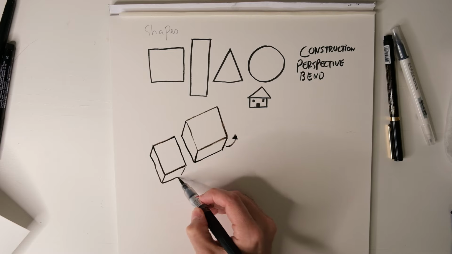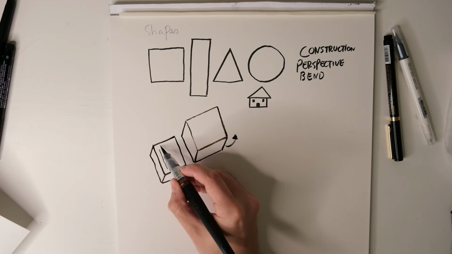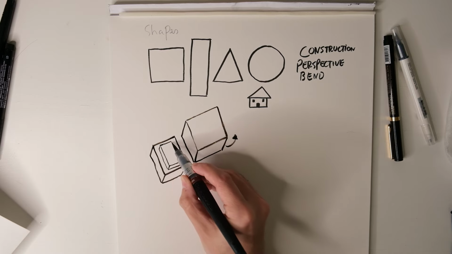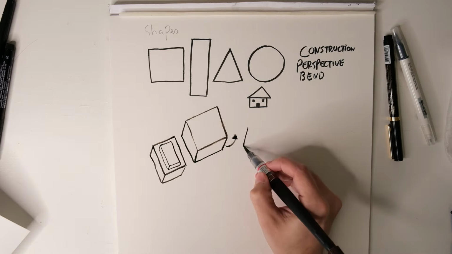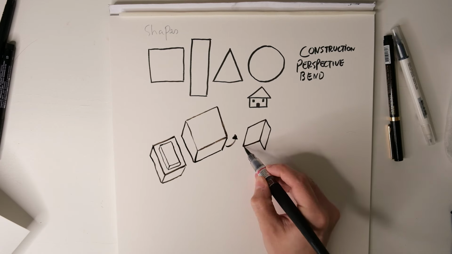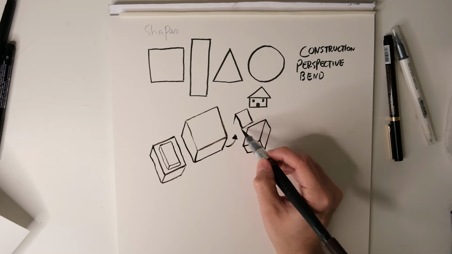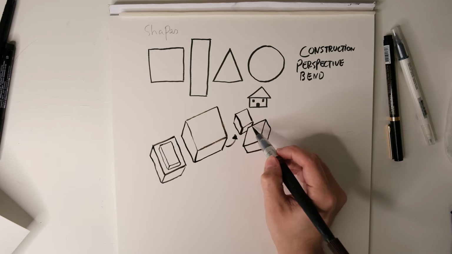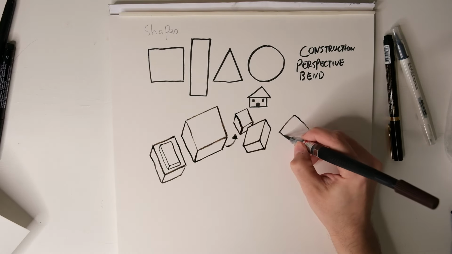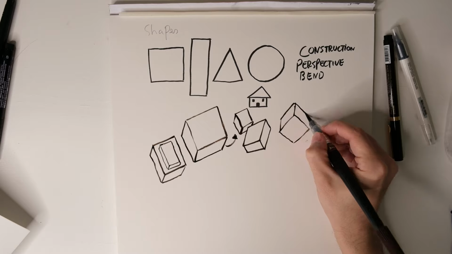And I have another one here. So it's taking the object and being able to rotate it as a 3D object on the paper.